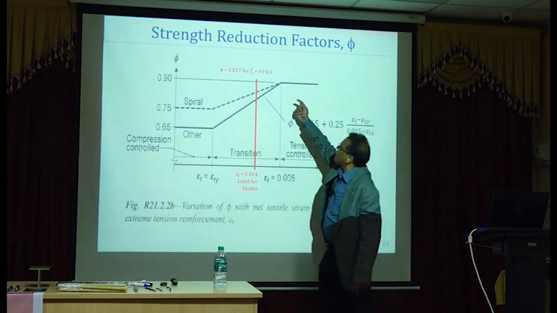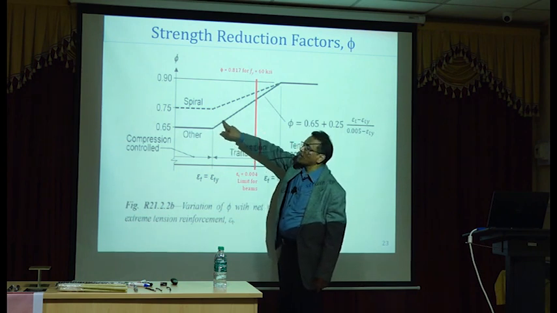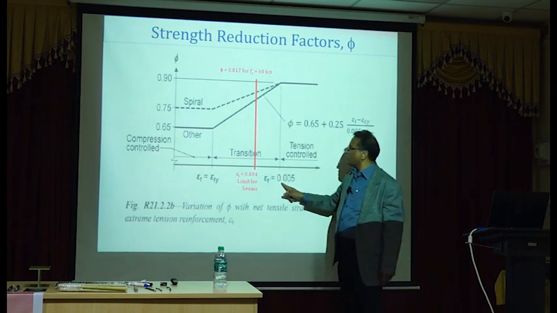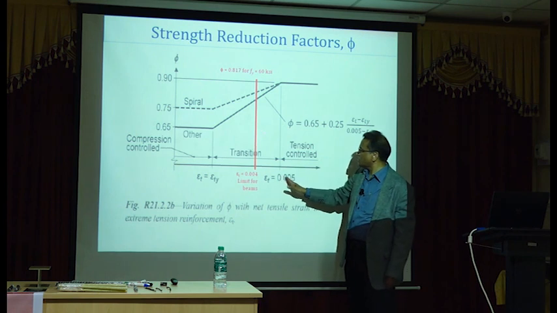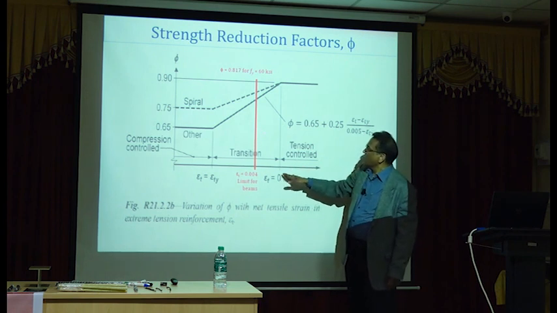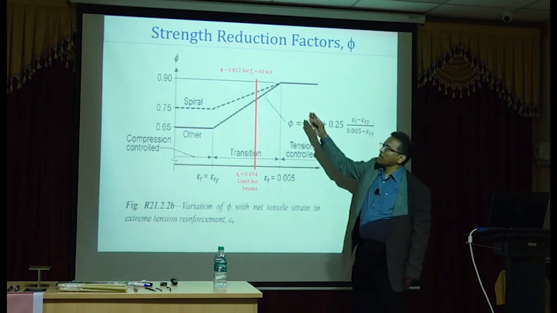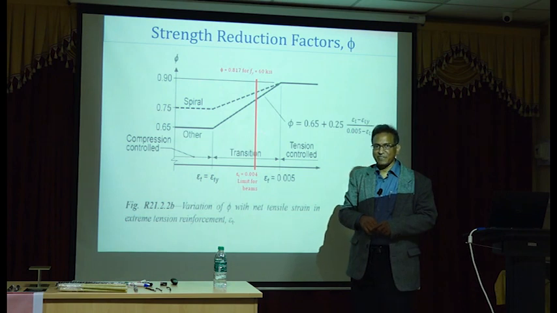So the phi factor varies from 0.65 for ordinary beams to 0.9. 0.9 is when you have epsilon t of 0.005 or greater. So a minimum of 0.005 will give you a phi factor of 0.9. The larger the phi factor, the larger the utilization of strength, right?